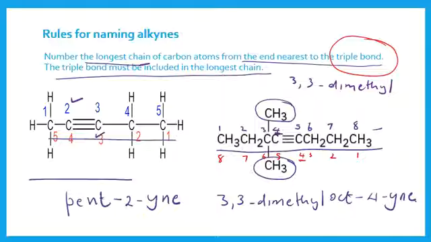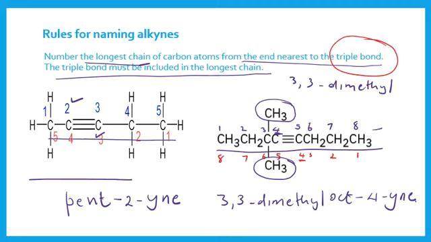This is going to be 3-methyl. But if we look at the red one, this will be 6-methyl. So we choose to have 3 as the number for methyl instead of 6.